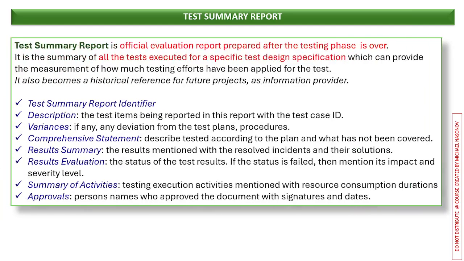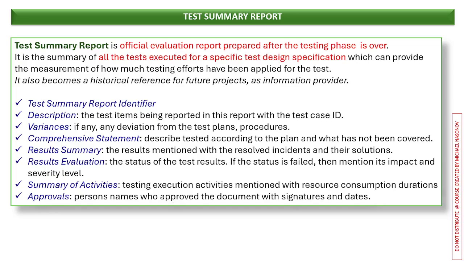How about the summary report which you're supposed to distribute on your testing activities completion? Officially, the test summary report is an official evaluation report prepared after the testing phase is over.